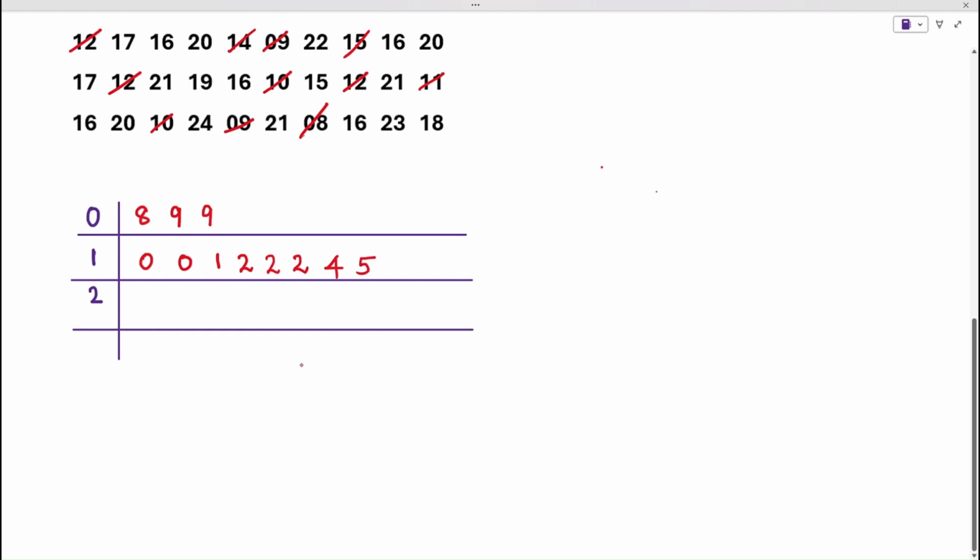And then we have another 15. And then our next number up is 16. So that's 16, and then another one. And then there are 3 more after this, so we just keep writing 6, another 6, and one more 6.